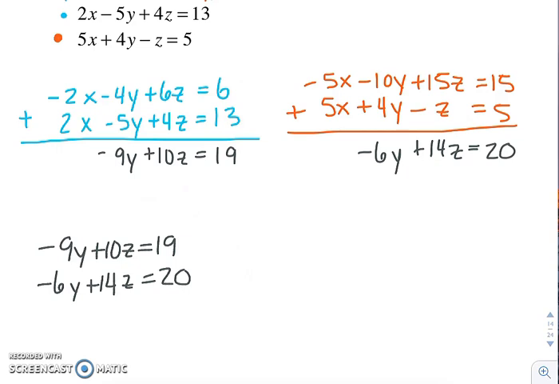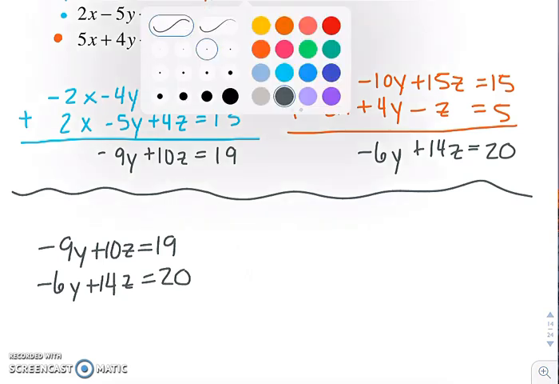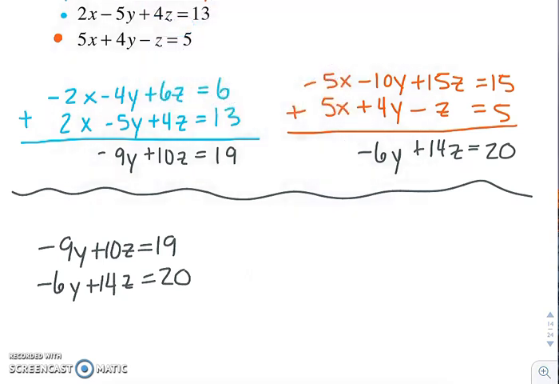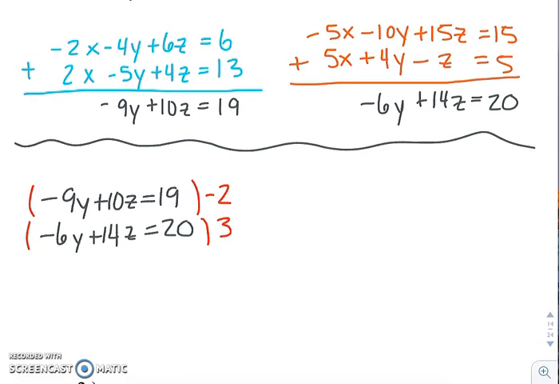You could solve it technically by substitution, but really the best way to do it, I think, is elimination. Either looking at the y's or the z's, doesn't really matter, but I'm going to eliminate the y. So we're going to make both of these 18. We're going to make the top one positive 18 by multiplying by negative 2. Make the bottom one negative 18 by multiplying by 3.